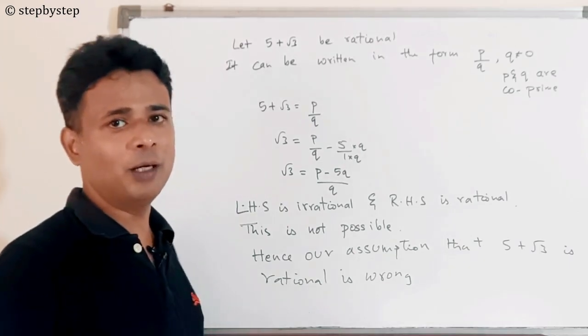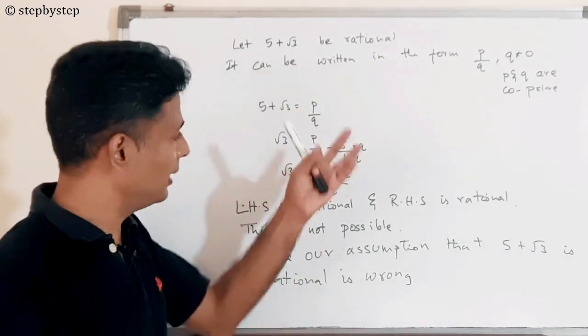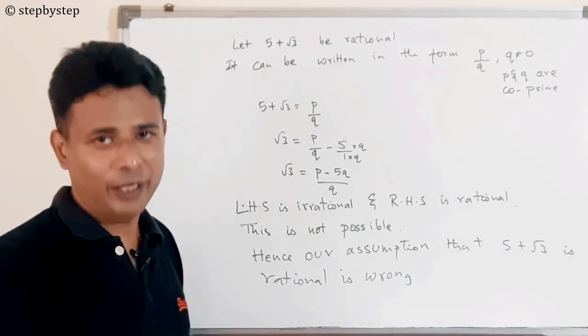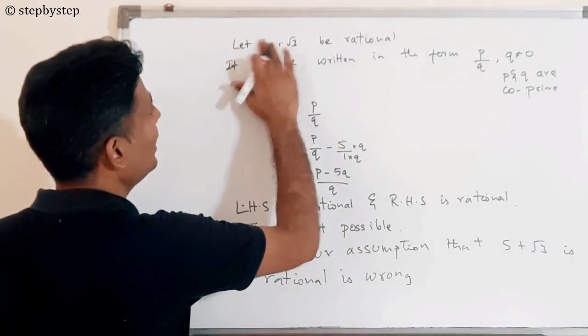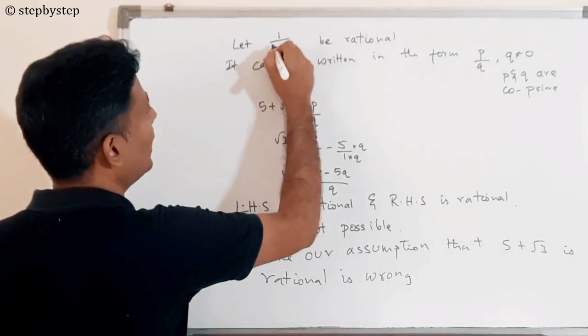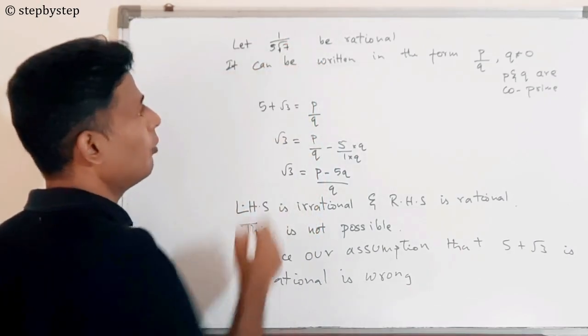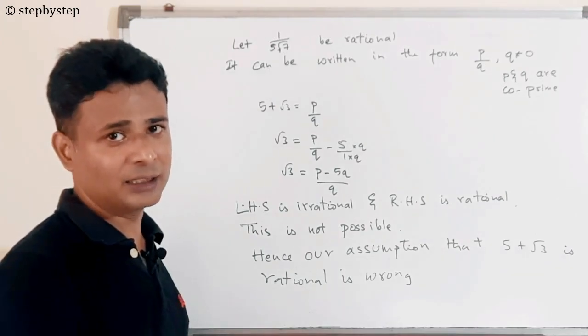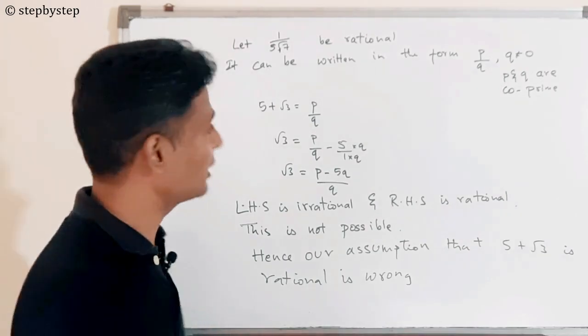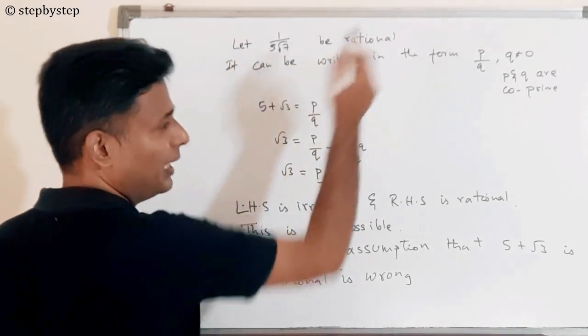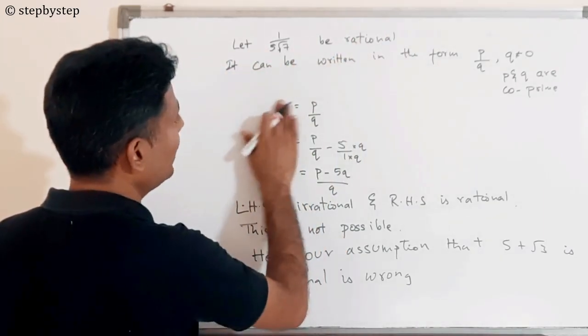Now, any problem of this kind, you will be doing it in the same way. For example, if they had asked you to prove 1 by 5 root 7 is irrational. What will you do? You will take, let it be rational. So what do we get?